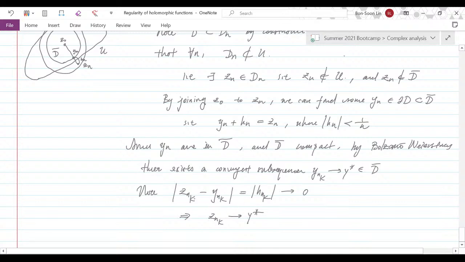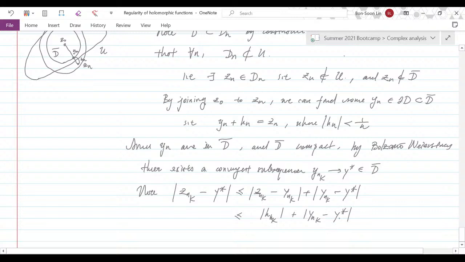Well, what we can do is also this, right? So znk minus y star is less than or equal to znk minus ynk plus ynk minus y star, and this is less than or equal to magnitude hnk, which goes to 0, and plus this thing, ynk minus y star, this goes to 0, this goes to 0, right?